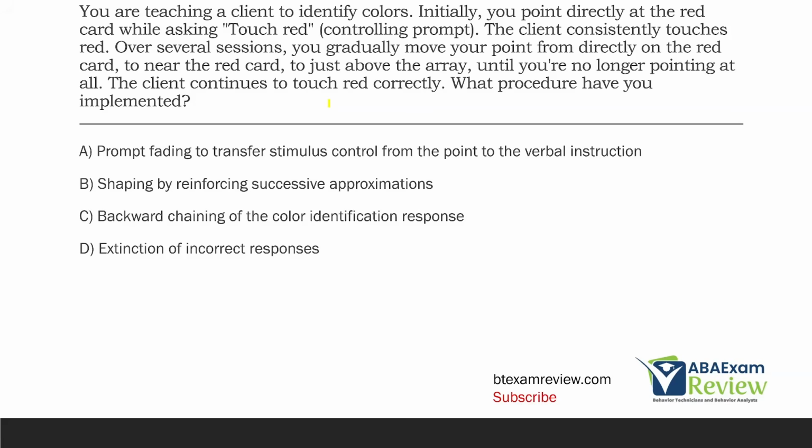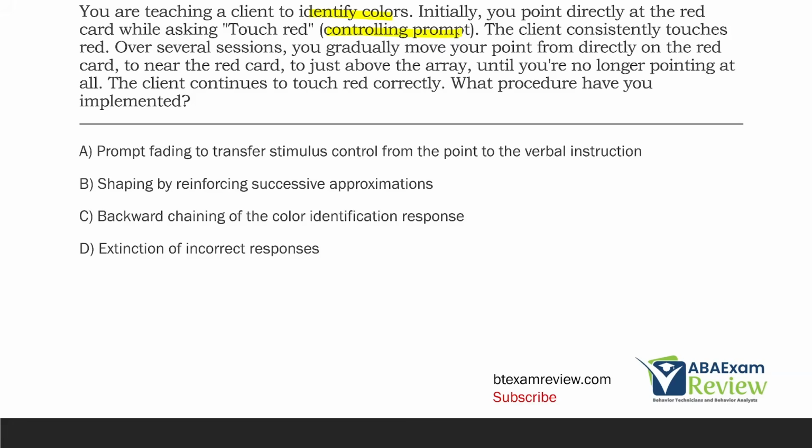So we have a procedure or intervention question. And what are you doing in this scenario? Well, let's gather some information. We know we're teaching colors. Initially, we're pointing at the red card while asking touch red. So what does it mean to have a controlling prompt? Well, the prompt essentially becomes a temporary discriminative stimulus.